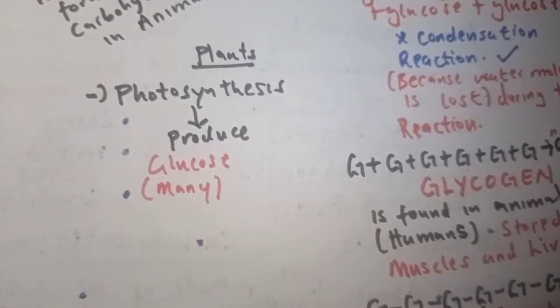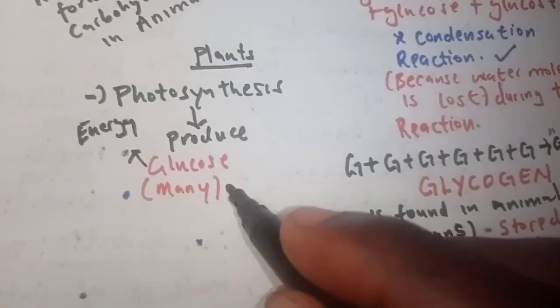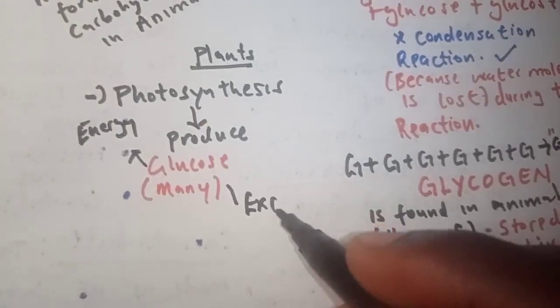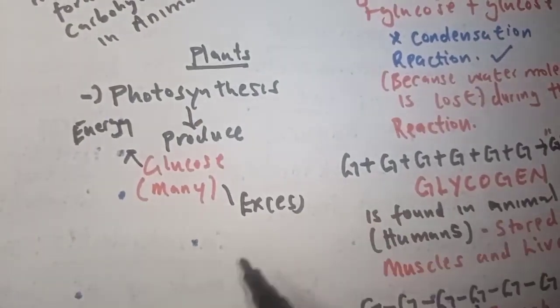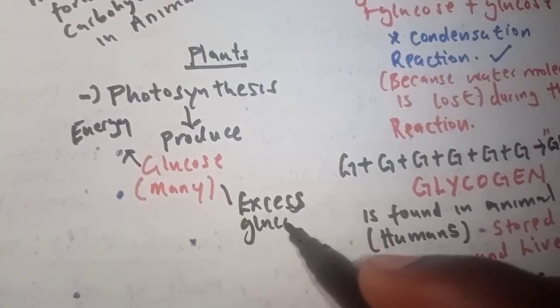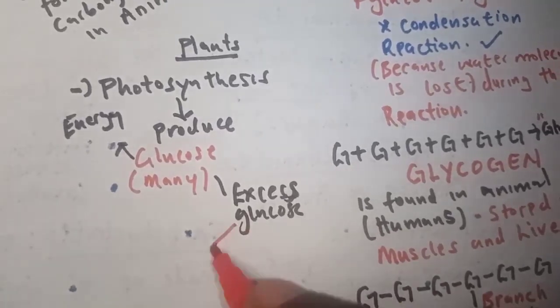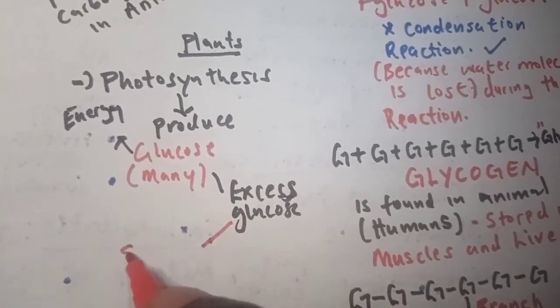Some will be used by the plant for energy, but the excess glucose that will remain will be changed to starch.